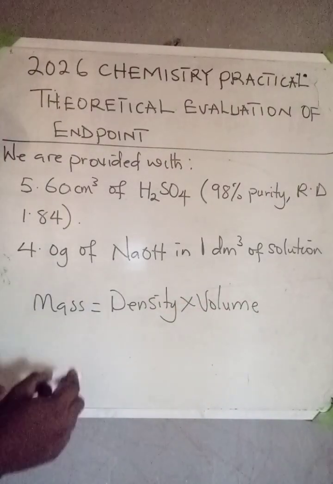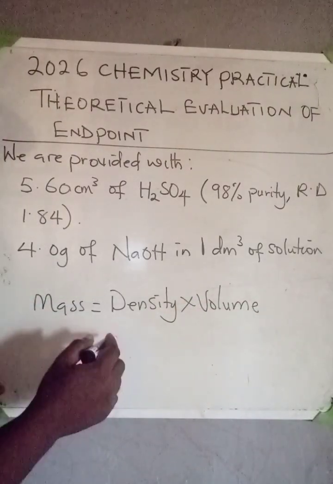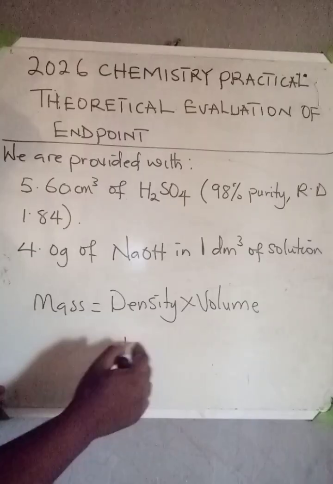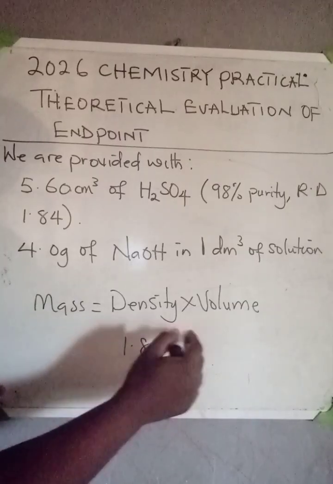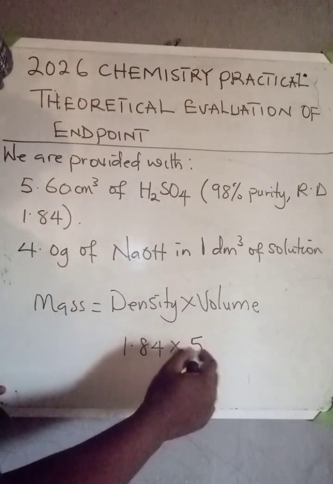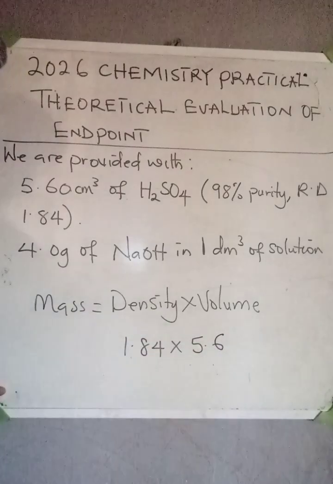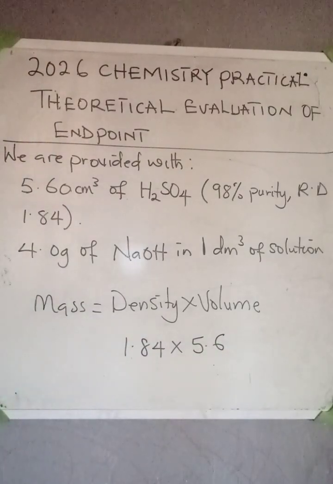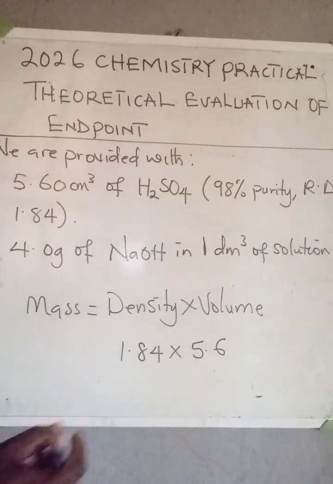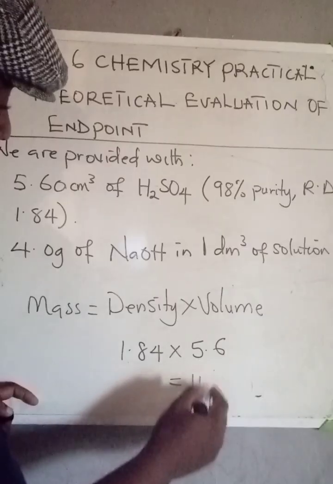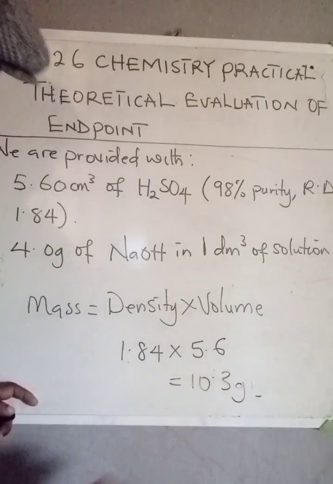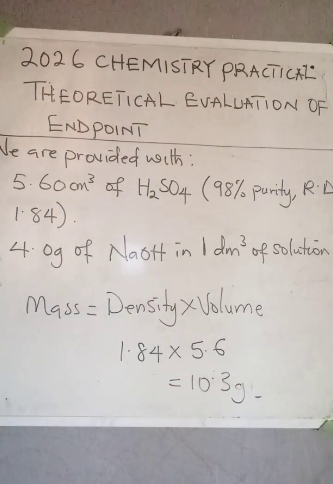So the density of the solution is 1.84. We are going to multiply it by the volume, which is 5.6. So when we multiply the density of the solution by the volume, we'll get approximately 10.3 grams of the stock solution.